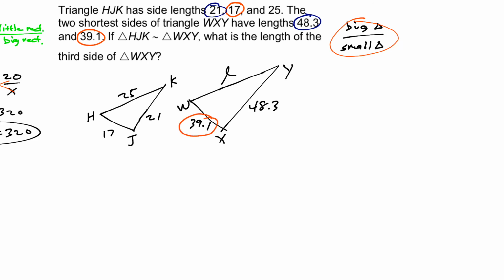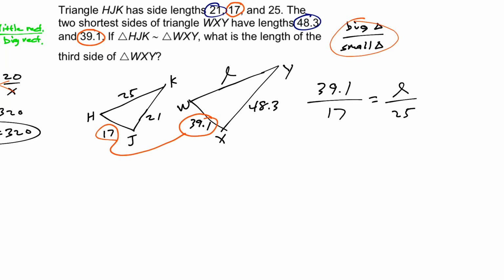I'm going to use the shortest side in each triangle. Those correspond to each other. So we have 39.1 in the big triangle corresponding with 17 in the small triangle. And that's got to be equal to the side length of L in the big triangle, which corresponds to a side length of 25 in the small triangle.